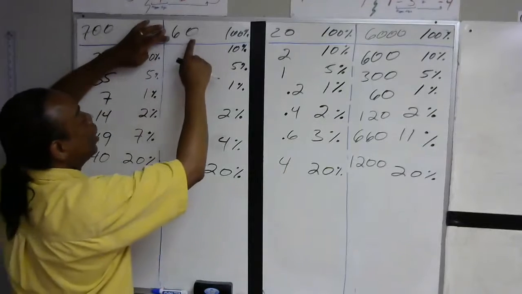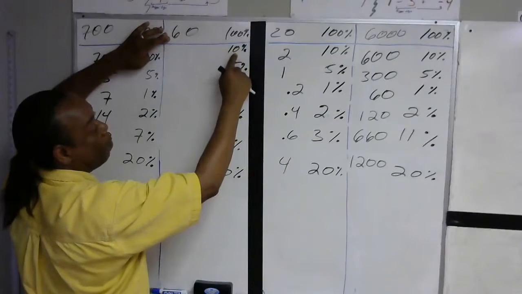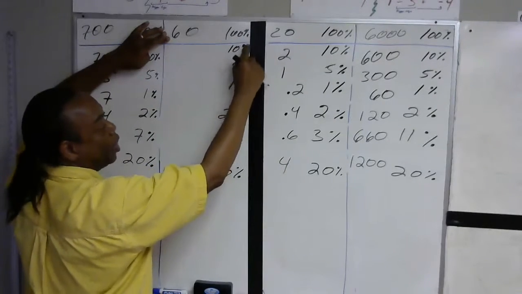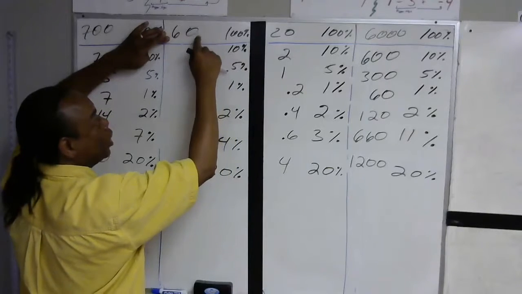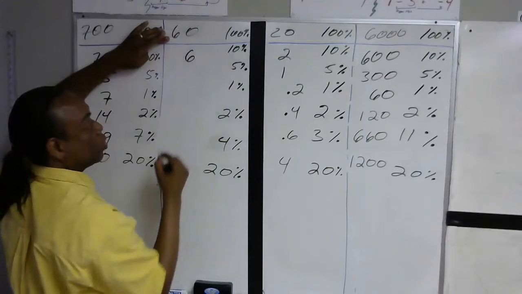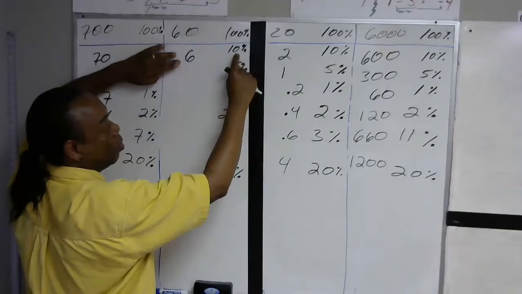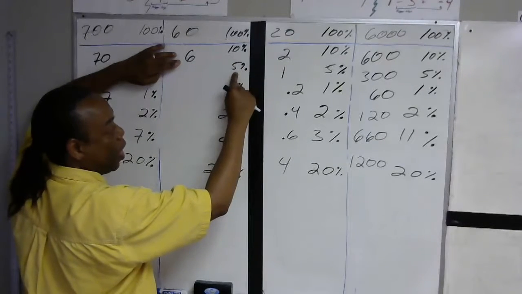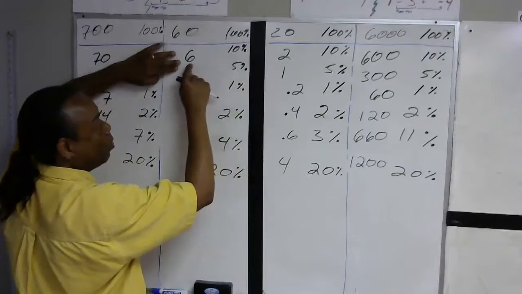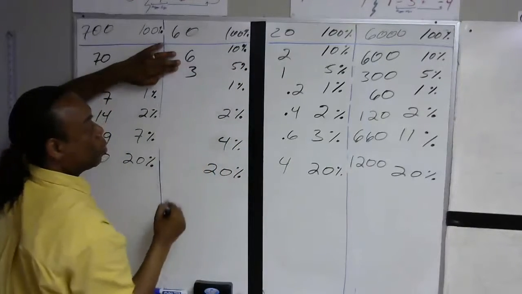Okay, 60. 100% divided by 10 gives us 10%. 60 divided by 10 gives us 6. Half of 10% is 5%, or 10% divided by 2 is 5%. 6 divided by 2 is 3.